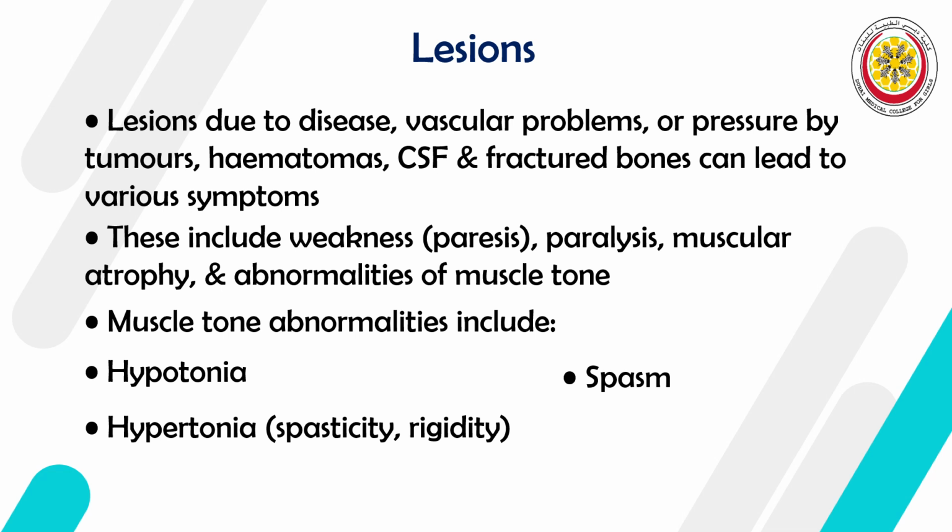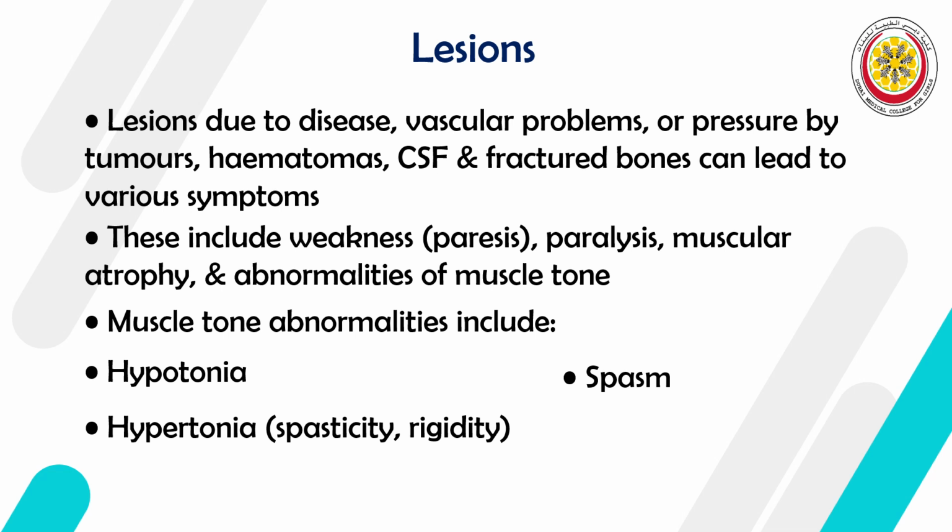Depending on the resistance, these are the different types. But when do you call it spasticity and when do you call it rigidity? Anyhow, there is resistance to the movement, whether when you flex the joint or when you extend it. There is resistance to passive movement.